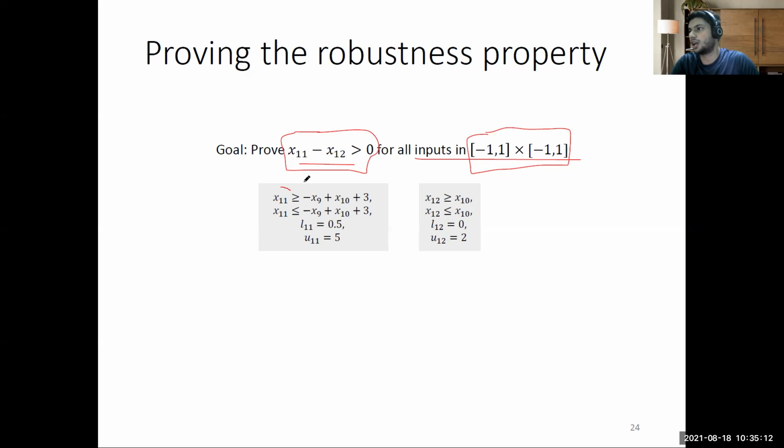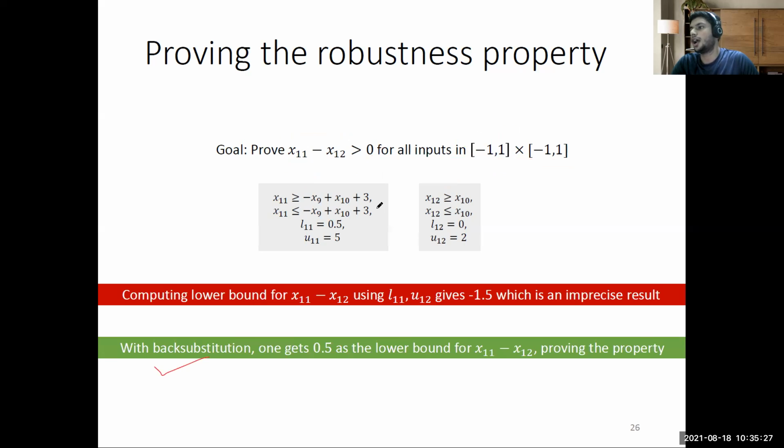Our x11 looked like this and my x12 looked like this. If you use these two shapes, you can calculate the expression for x11 minus x12, and with back substitution, you will get x11 minus x12 to be 0.5, and this will prove the property.